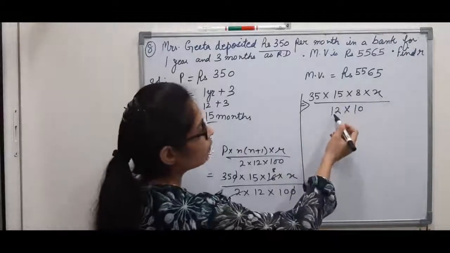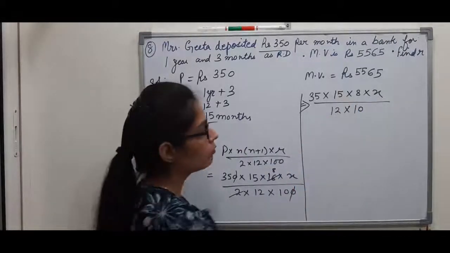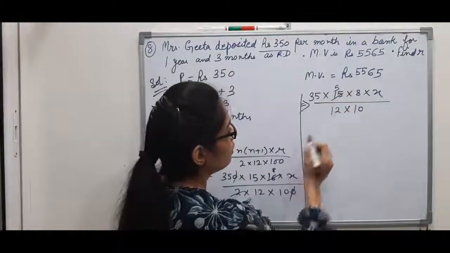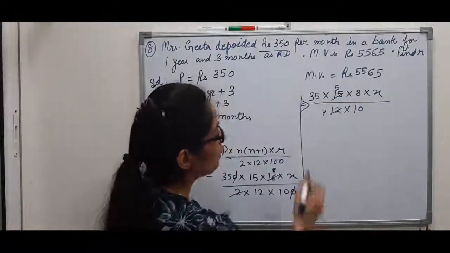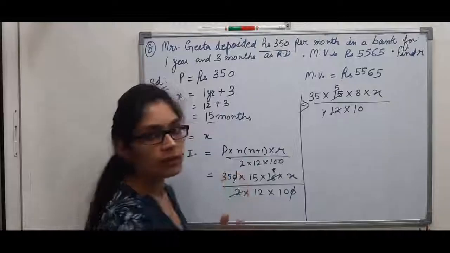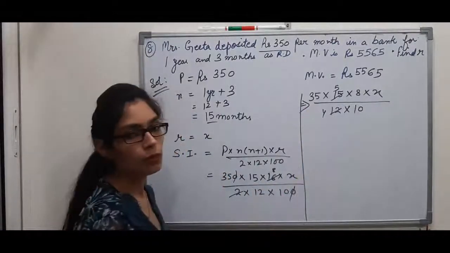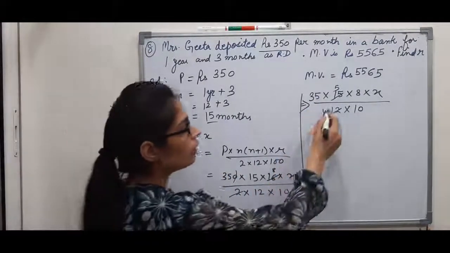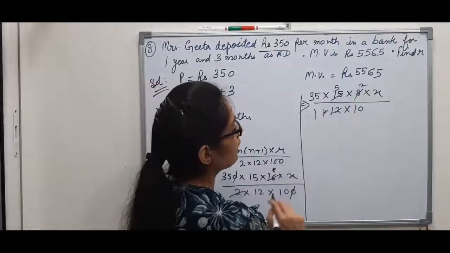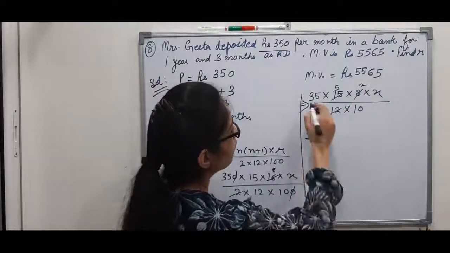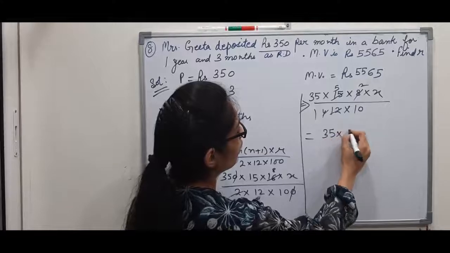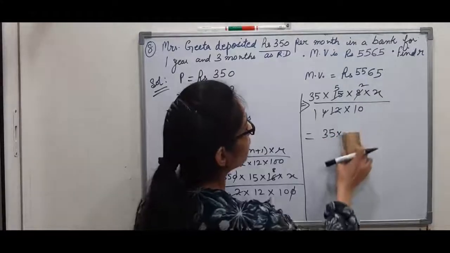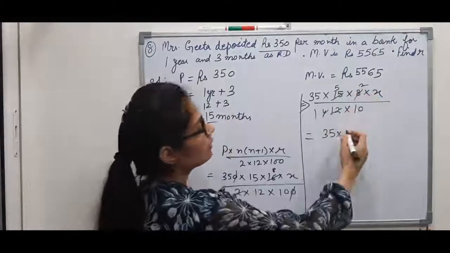Now I can see this 12 and 15 both are multiples of 3. So 3 into 5 is 15, 3 into 4 is 12. Now I can see two cancellations. If you do them in one step, it won't create any confusion. 4 into 1 is 4, 4 into 2 is 8. Now 35 into 5, 5 into 2 is 10.